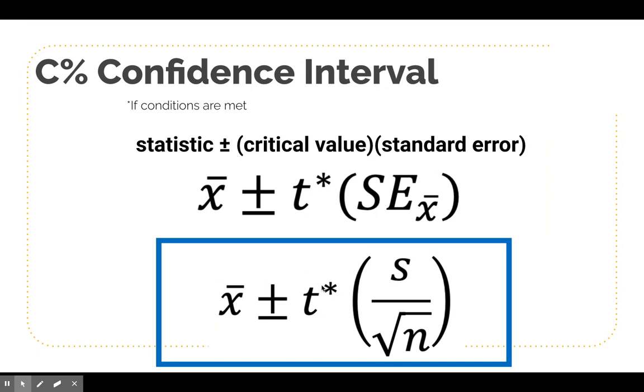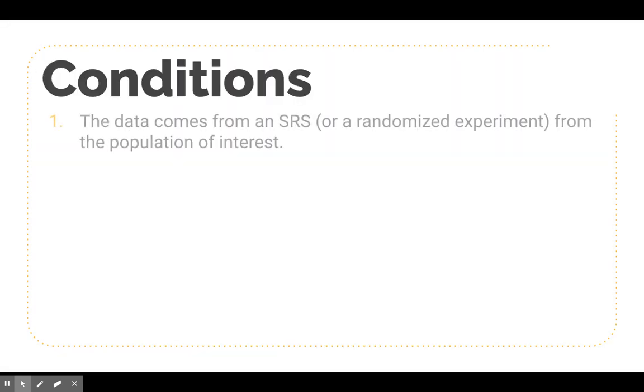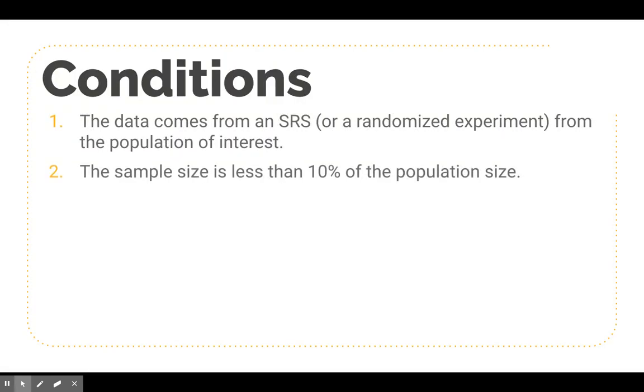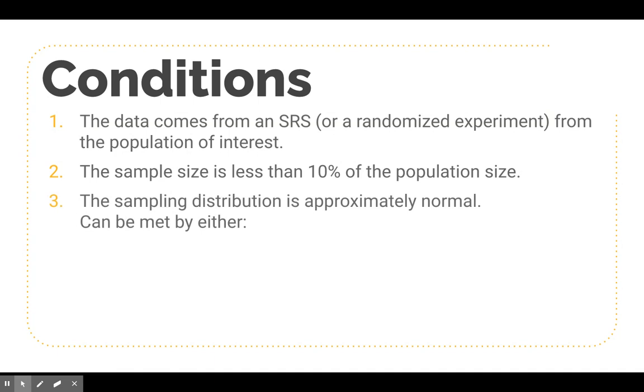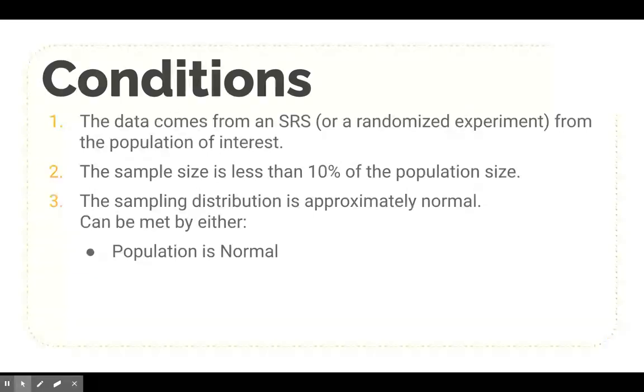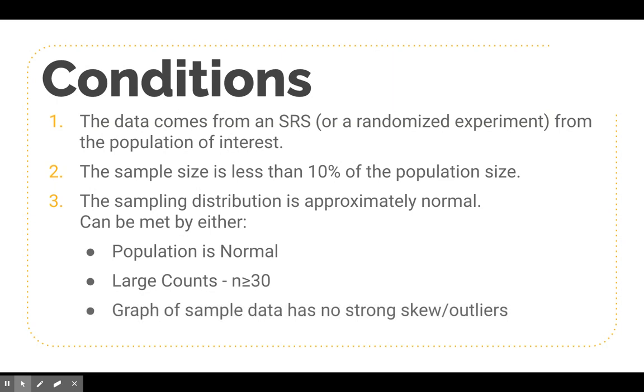So the conditions that need to be met, remember, you still have to be selecting randomly. The sample size still has to be less than 10% of the population size, and the sampling distribution must be approximately normal, which can be met by either the population is already normally shaped or the sample size is greater than or equal to 30.